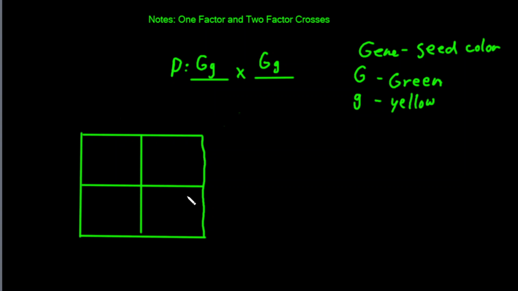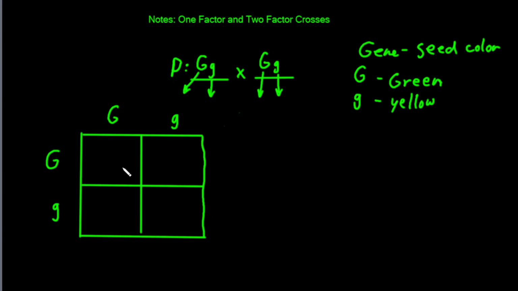All right. Now, this parent could donate a capital G gamete or a lowercase g gamete. So I will write those along the side of the square as possible gamete choices. This parent could give a capital G or a lowercase g. Again, those are the possible gamete choices, so I'll write them there.